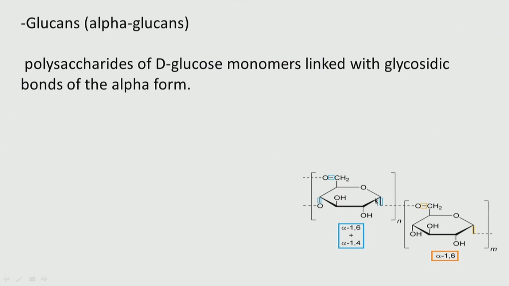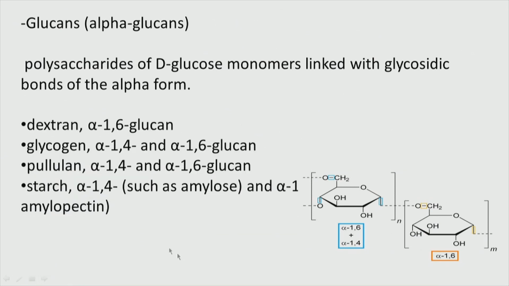In alpha, of course, you have the O below, like I talked about. So we have the 1,4, 1,6 type of arrangement. If you have here and here, it's 1,6. If you have here and here, it's 1,4. So in alpha, the glycosidic bond is below.